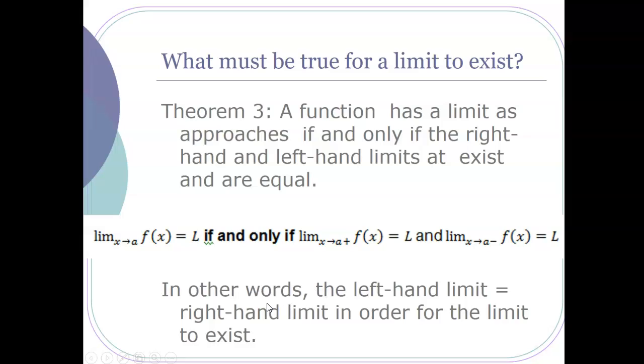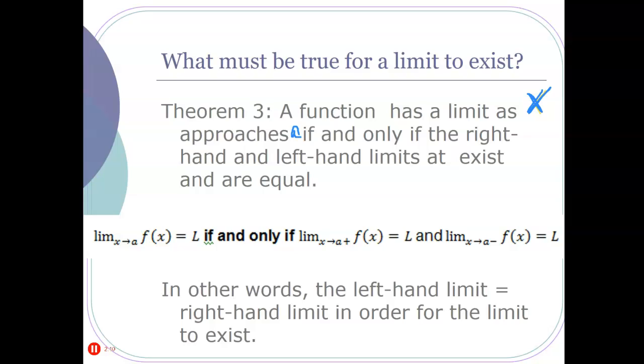A few things need to be true in order for a limit to exist. A function has a limit as x approaches a if and only if the right-hand limit and the left-hand limit exist and are equal.